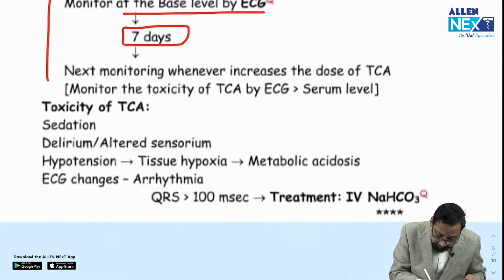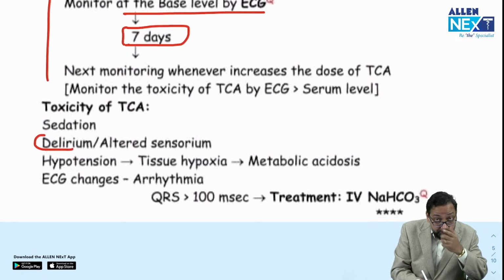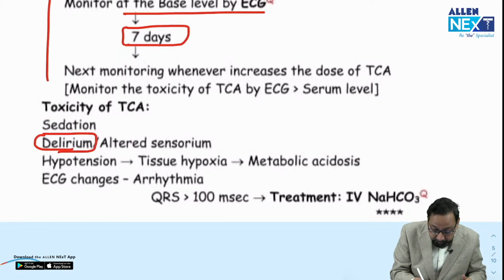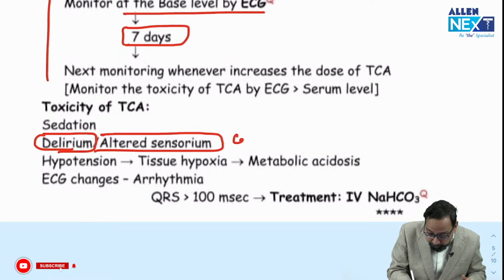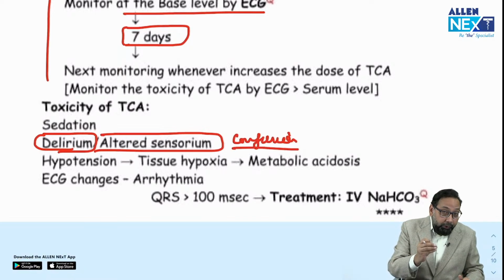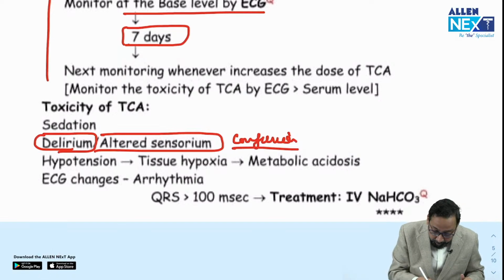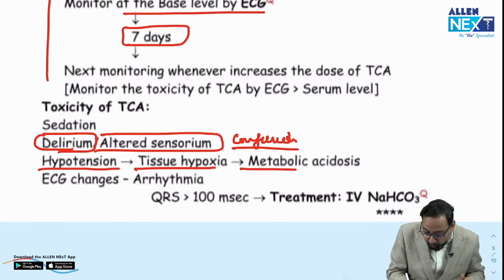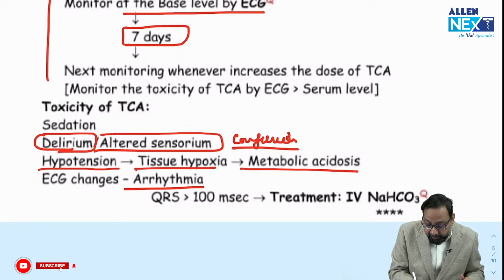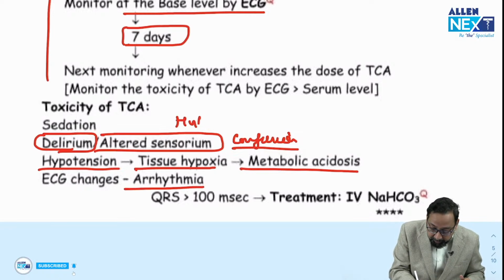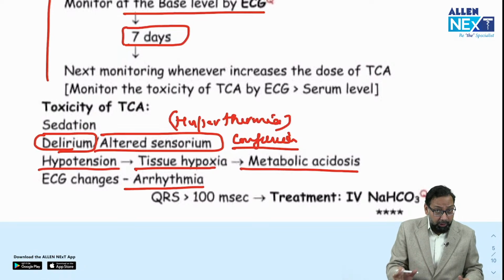In toxicity, there is anticholinergic effect, so there may be delirium, altered sensorium, confusion. Delirium is also called acute confusional state. Hypotension, tissue hypoxia, metabolic acidosis, ECG changes, arrhythmia, hyperthermia would be there, hyperthermia, not hypothermia.